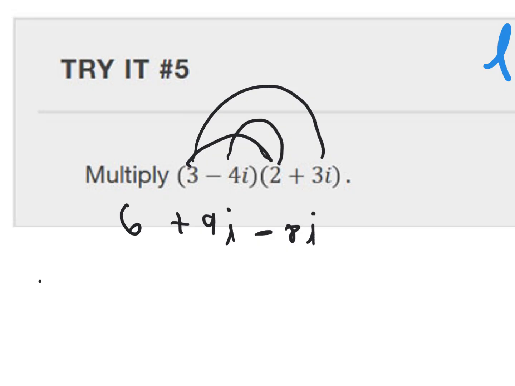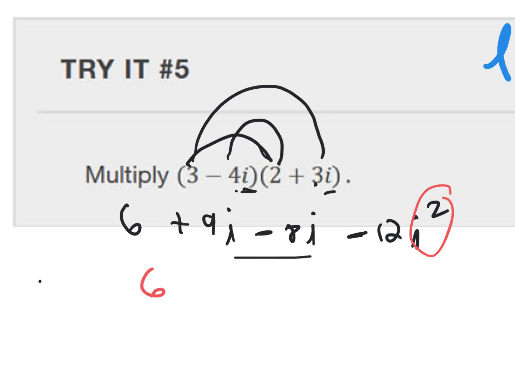Yes, and of course these two are going to go together. Last times last. Negative times a positive. I'm going to put a negative. 4 times 3 is 12. i times i is i squared. You know what that turns into. That's a negative 1.